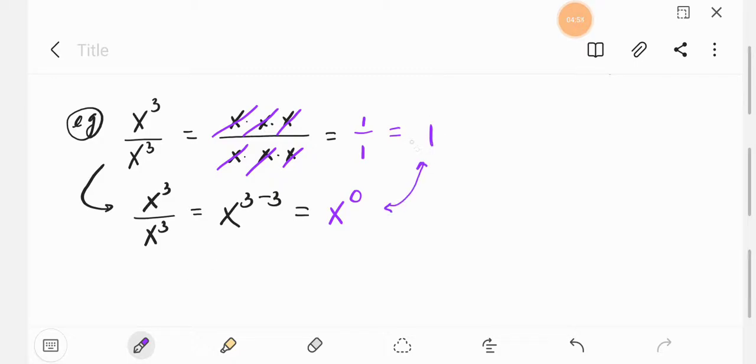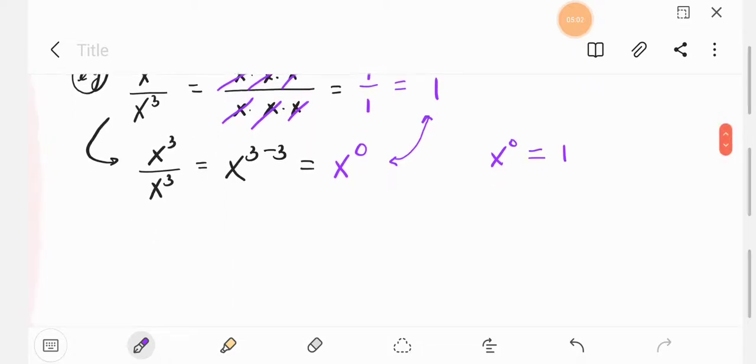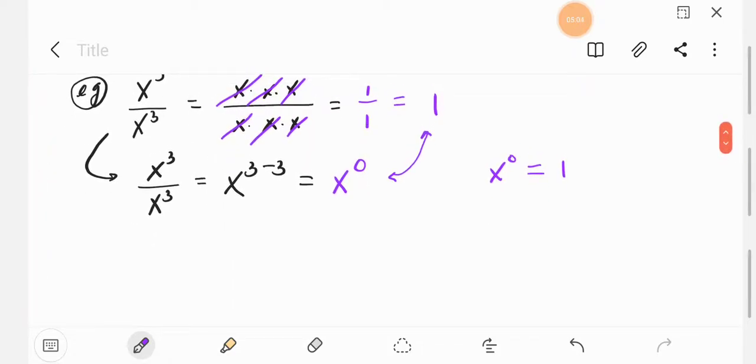Because we got 1, right? So x to the 0 power has to be equal to 1, right? So we can say that the 0 power of a non-zero number, if the base is not 0, then x raised to the 0 power, the answer will be 1. Not 0, it's 1. This is very important.